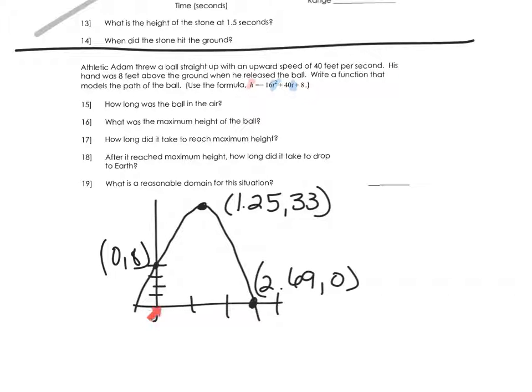Well, look here, how long, that's time. Time is going to be our x value, right? So from 0 to 2.69, right? So for 2.69 seconds. It says, what was the maximum height of the ball? So what was the highest the ball got? 33 feet, right?